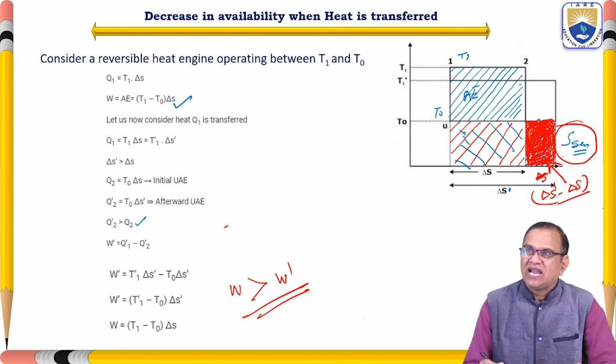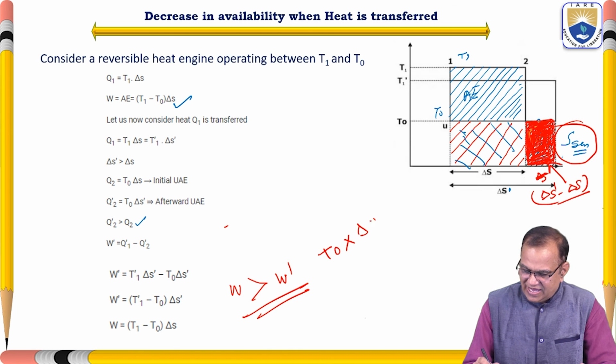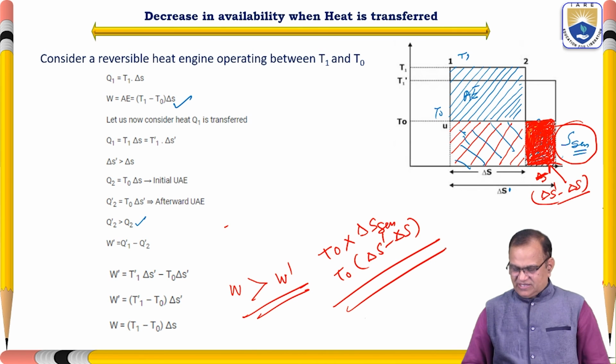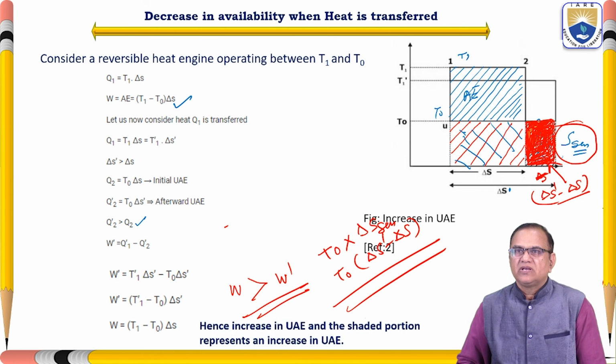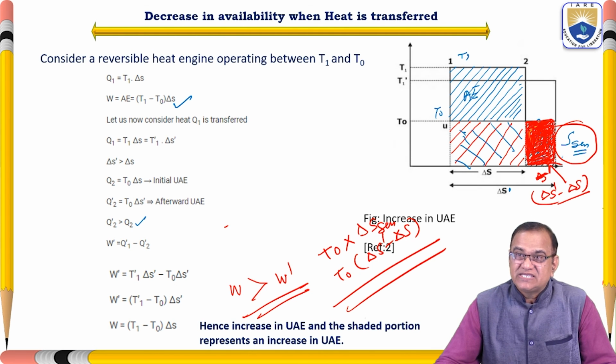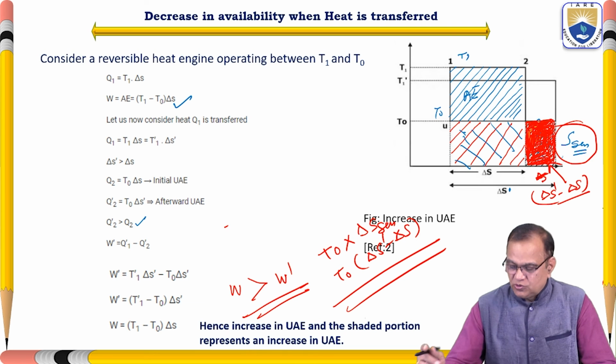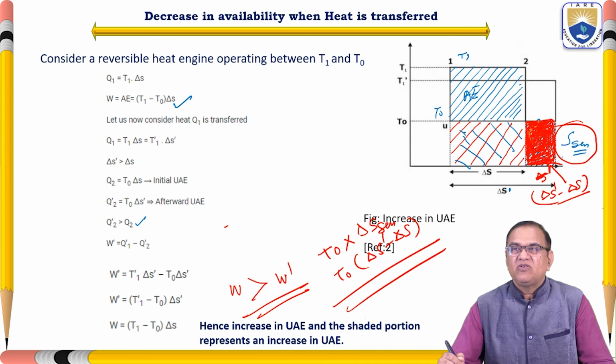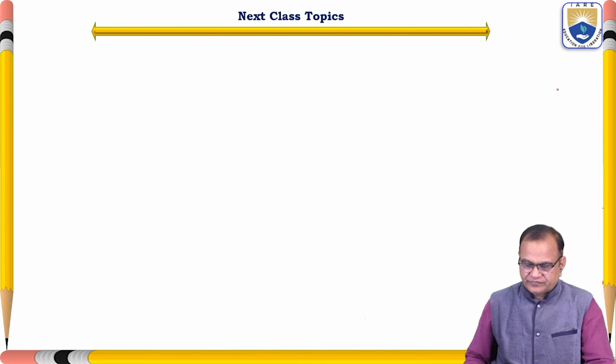And how much is the loss? This loss is T naught into delta S gen, or T naught into delta S prime minus delta S. This much loss is there in the system. Hence, the shaded portion represents an increase in unavailable energy. So this much energy is unavailable for doing the work.